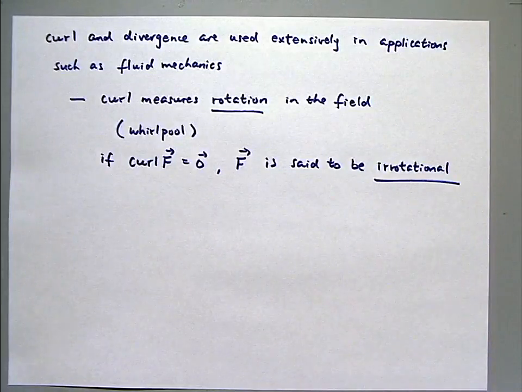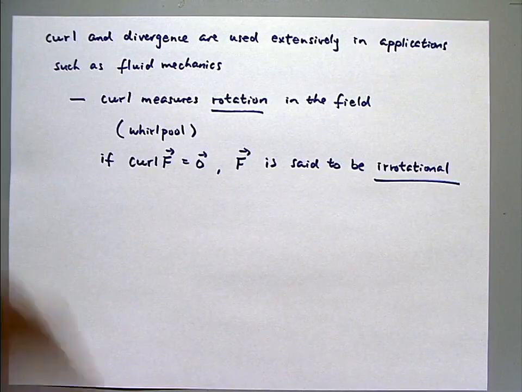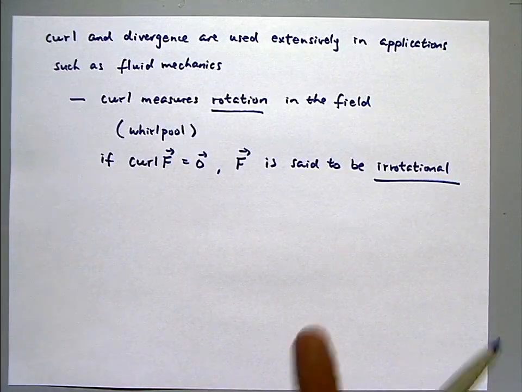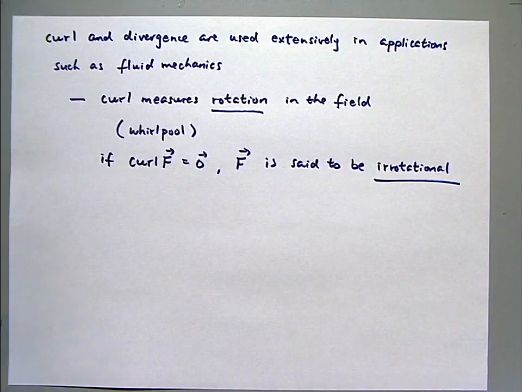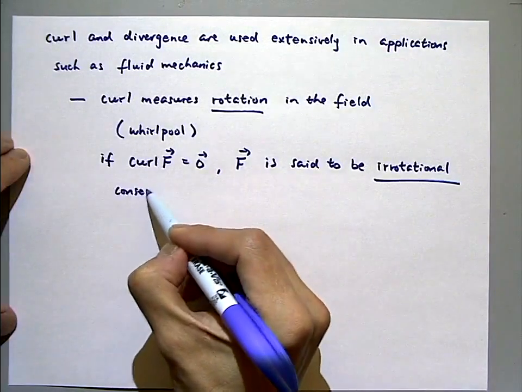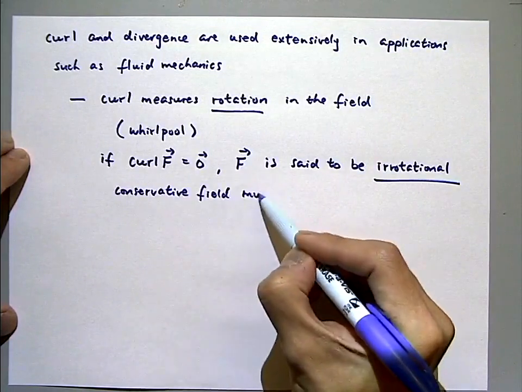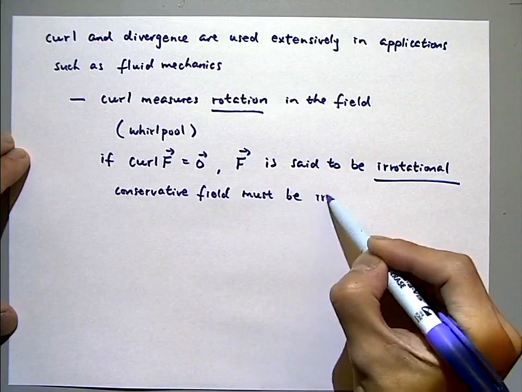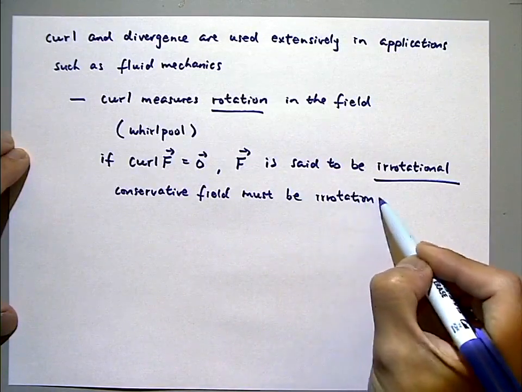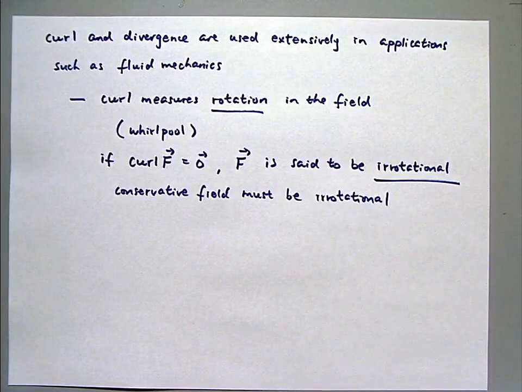There's no rotation. Curl measures rotation. If curl is not a zero vector, then there's some sort of rotation. So what this is saying is that a conservative field is always irrotational, right? Because we know the curl of a conservative vector field is 0.